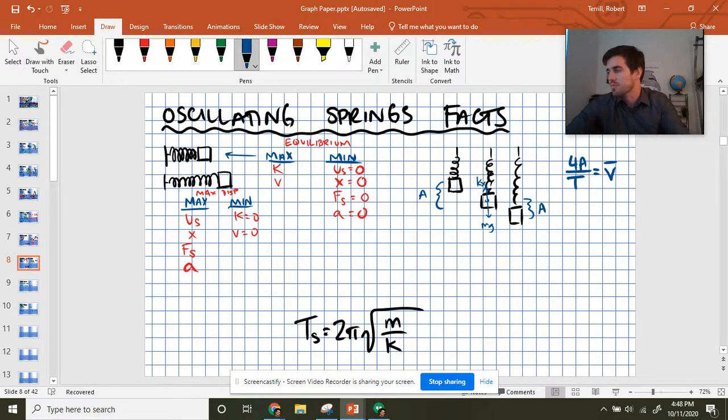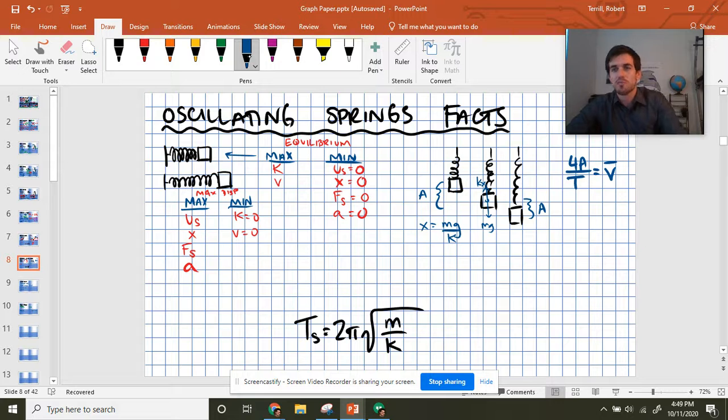I could definitely say that this amplitude right here, if it's released from its initial position down to here, then the amplitude x would be equal to mg over k.